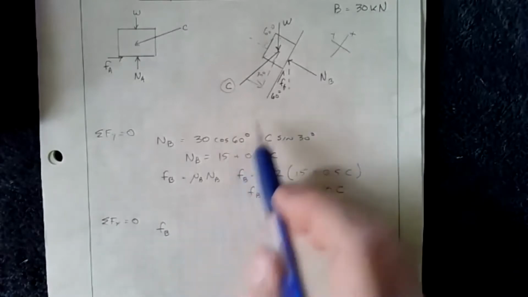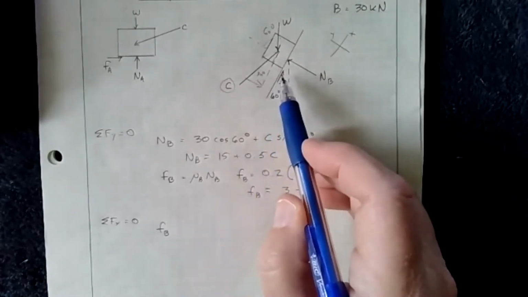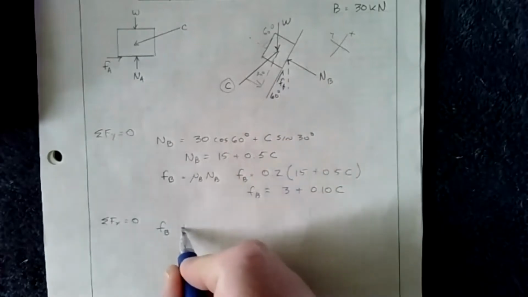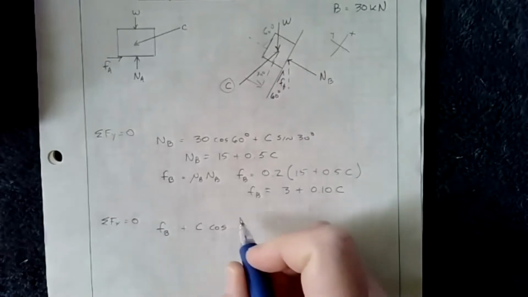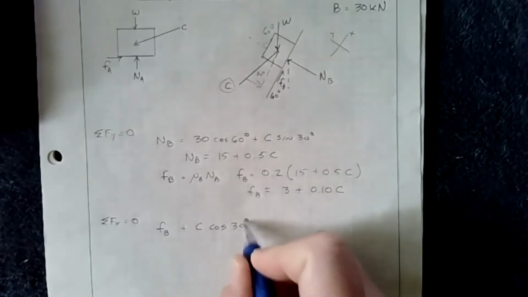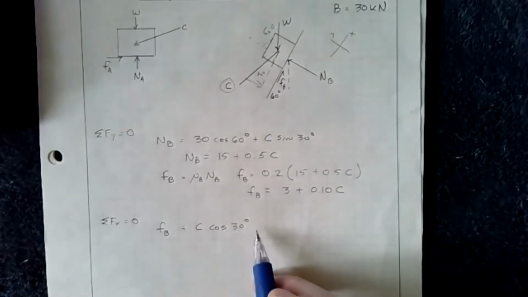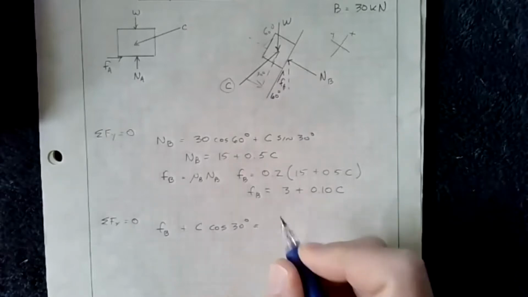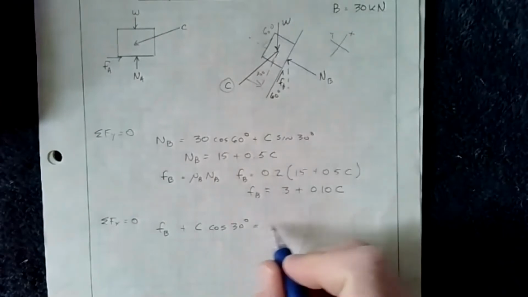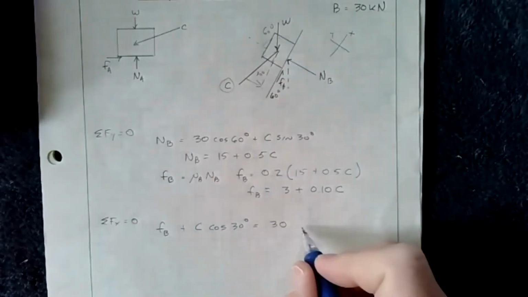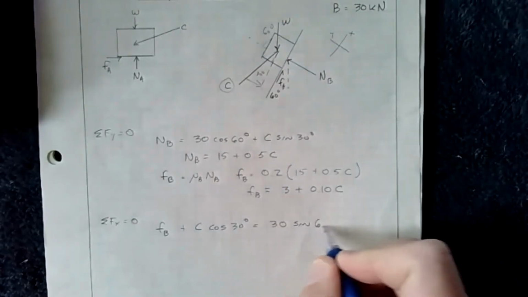So I know in the X direction, I have force of B plus C cosine 30 degrees. And then that has to equal the weight going the opposite direction, or 30 kilonewtons times the sine of 60 degrees.